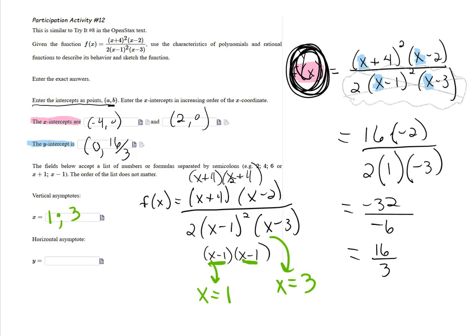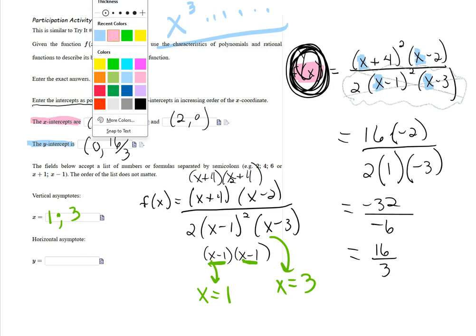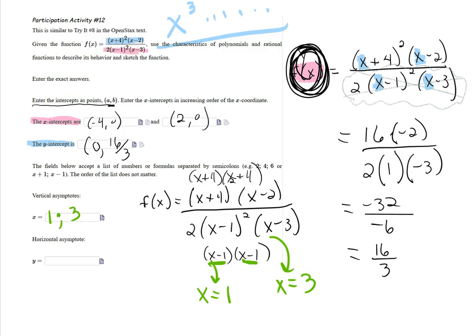Let's see, I'll come back up here. If I were to do the numerator, if I took an x plus 4 times an x plus 4 and then took it times an x minus 2, that would end up being a 1x cubed something something something. And then the denominator, if I took an x minus 1 times an x minus 1, that ends up with an x squared, but then an x squared times an x will be an x cubed.